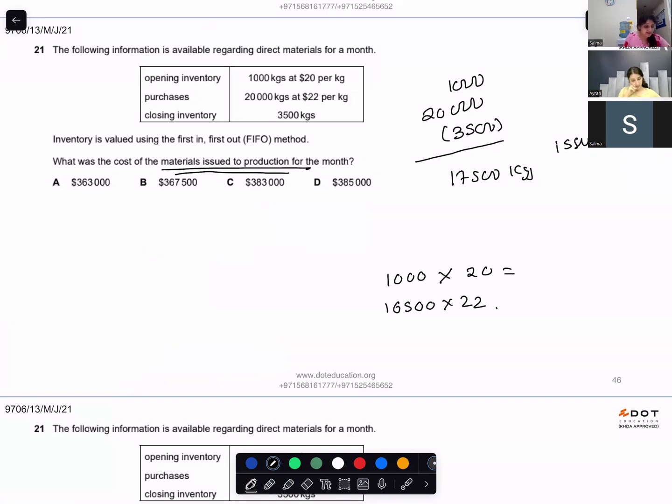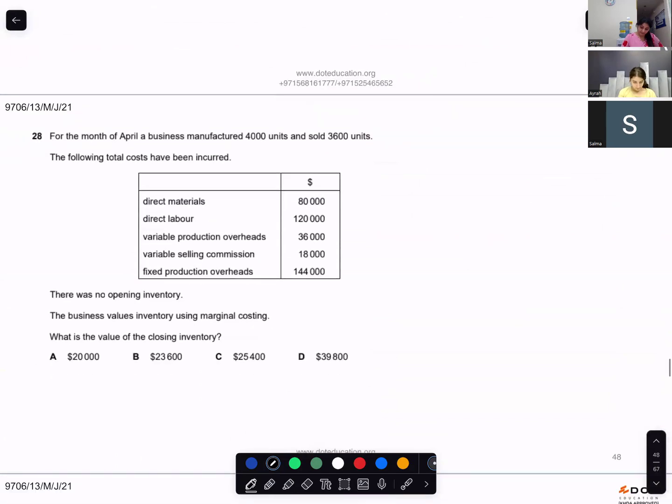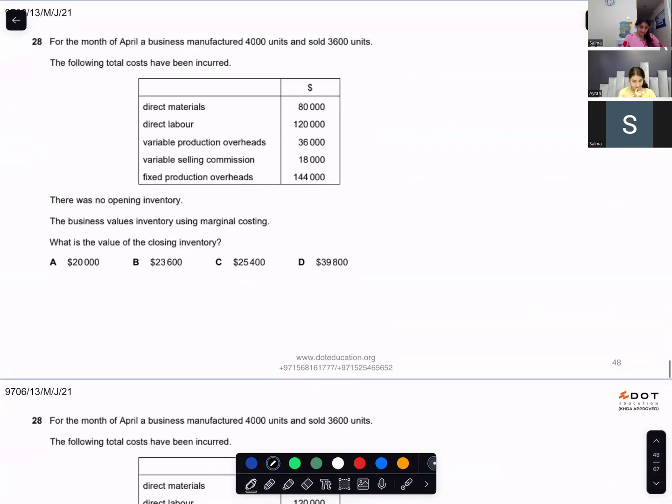So 1,000 at 20 would become 20,000 and 16,500 into 22 would become 363,000. So the total is 383,000 issued to production. Yeah. Okay, go to the next one.